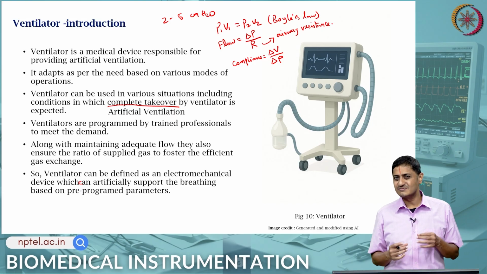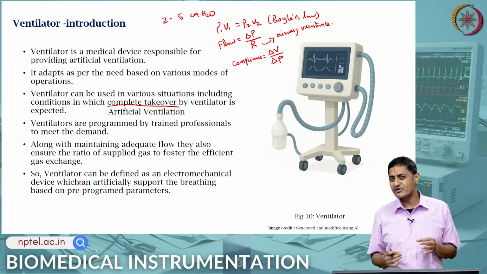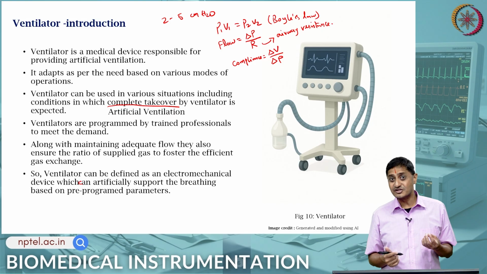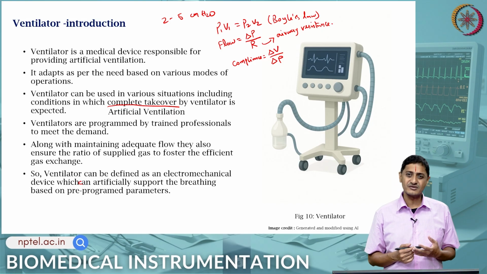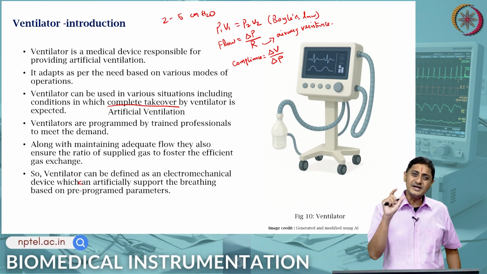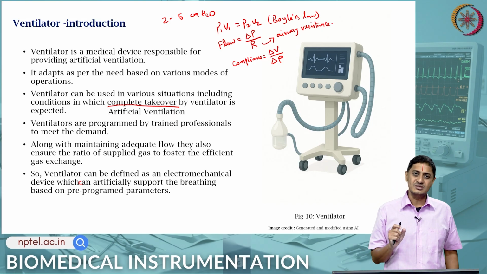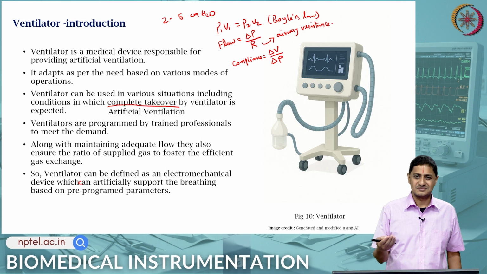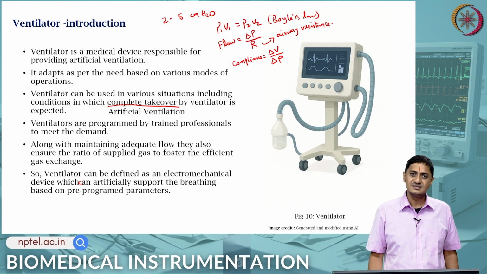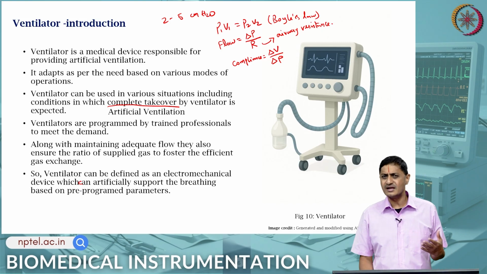Note that this will change as a function of age, as a function of health of the lungs. So, delta V by delta P is a measure of, that is, for unit change in pressure, by how much volume the lungs can change. That is a measure of lung compliance, which is a measure of lung health.